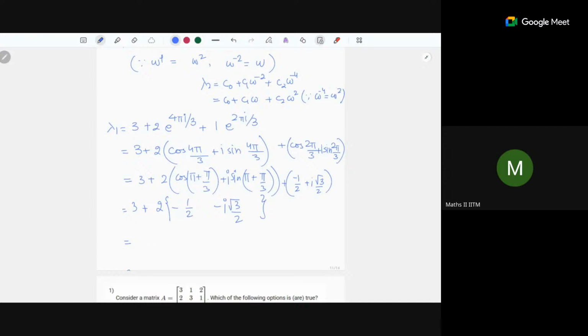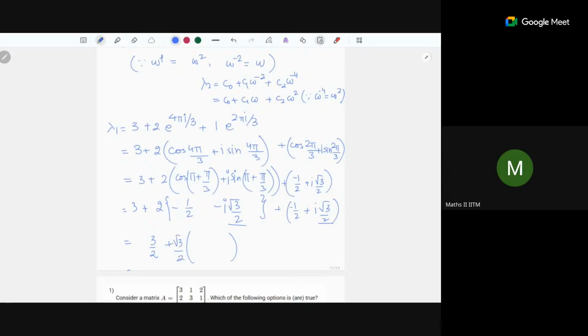2 minus half, plus I times this factor. So root 3 by 2 will come out.